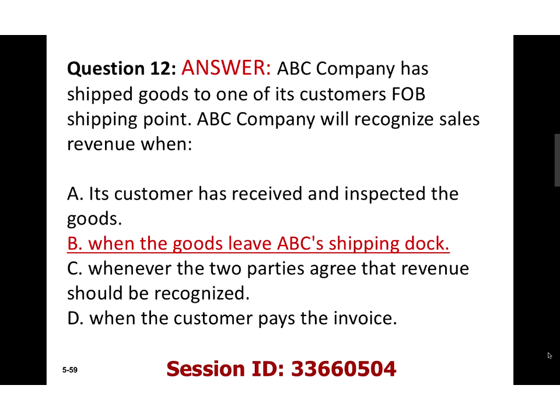Okay, so FOB shipping point means when our goods leave our shipping dock. We didn't say anything about the customer receiving and inspecting the goods. This is FOB shipping point. C can't be it, because we have shipping terms and we can abide by the shipping terms. It's not going to be D because it doesn't matter when the customer pays the invoice. That doesn't have anything to do with our revenue recognition.